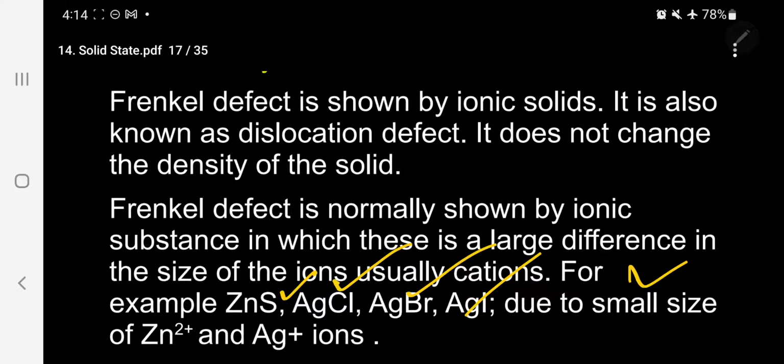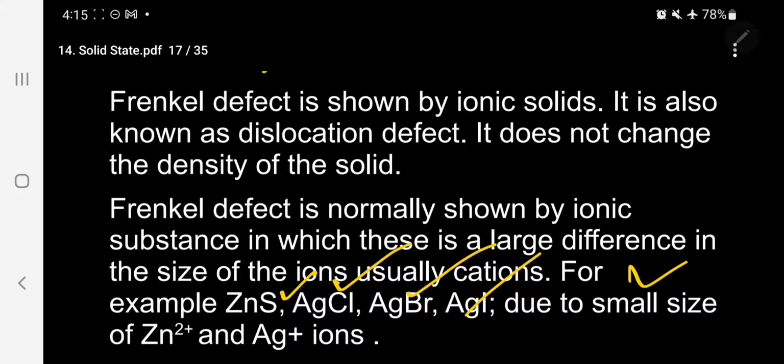So the three main important conditions: number one, it is shown by an ionic solid. The most important condition is it is a dislocation defect. And the third is that cation should be smaller and anion should be larger. These are the characteristics of Frenkel defect.